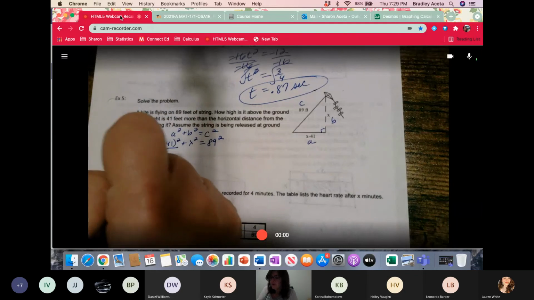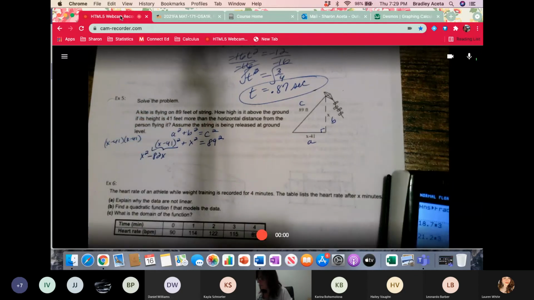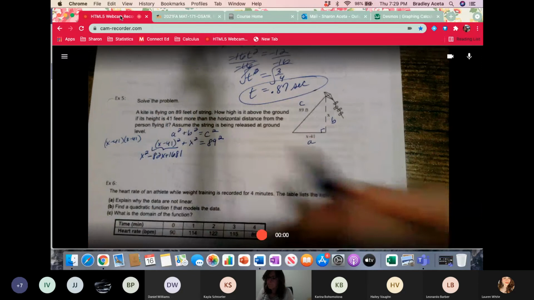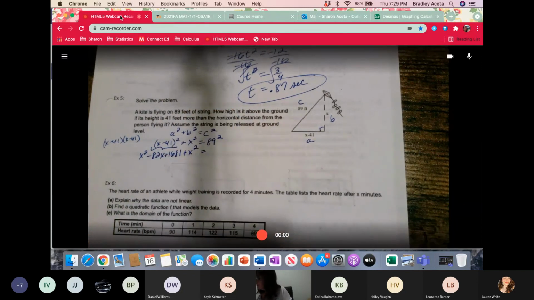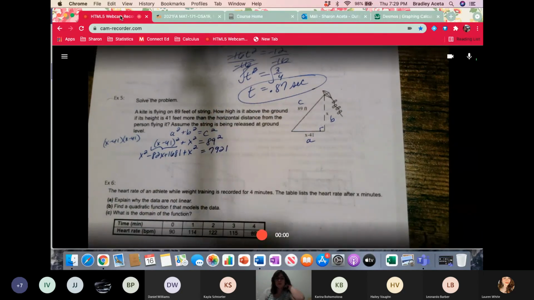So that would be X squared minus 82X, and then I don't know what 41 times 41 is. 1681. Plus another X squared equals 89 squared, which is 7921. Now set it equal to 0.